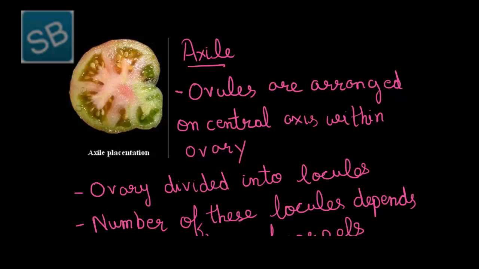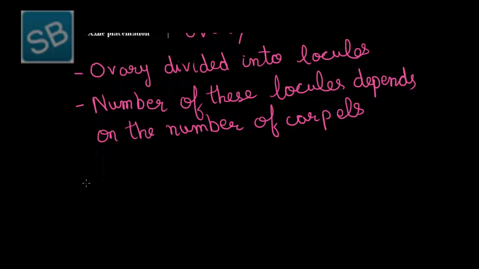Examples for this type of placentation are tomato, which is mentioned in this figure, and hibiscus.